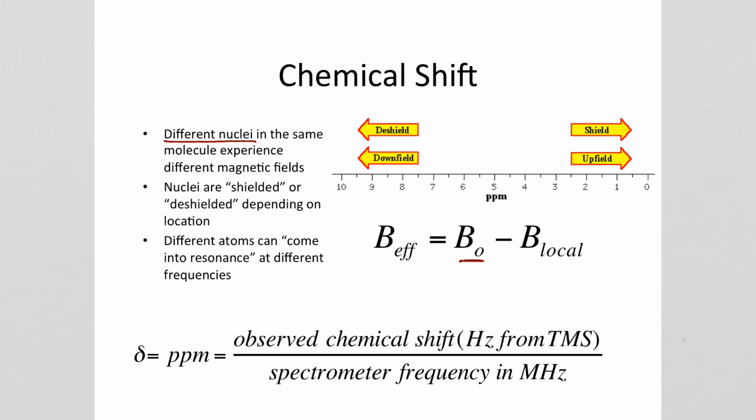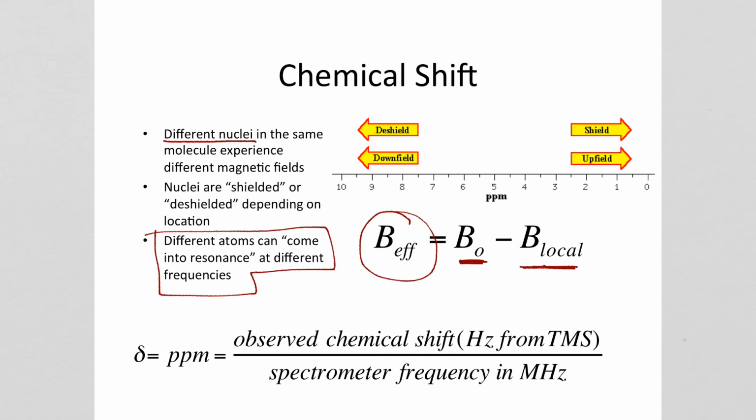So you have the applied magnetic field, and then you have what's called a local magnetic field due to the surroundings, and that gives you what is essentially an effective magnetic field. What that means is that different atoms can come into resonance or absorb radio frequency energy at different frequencies or different energies.